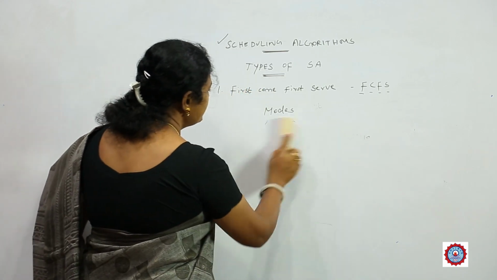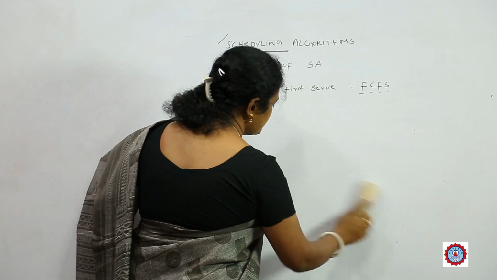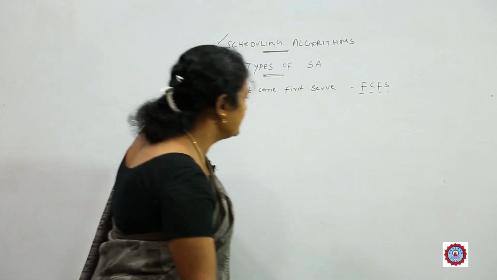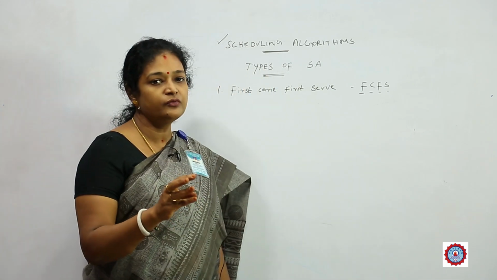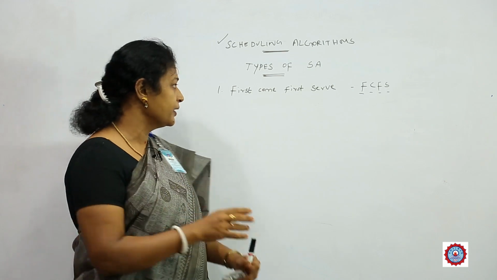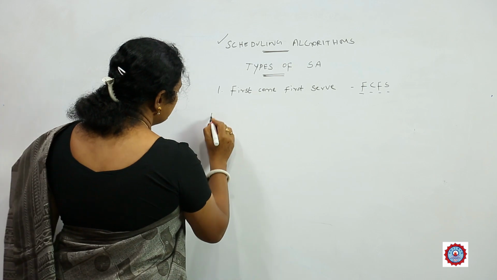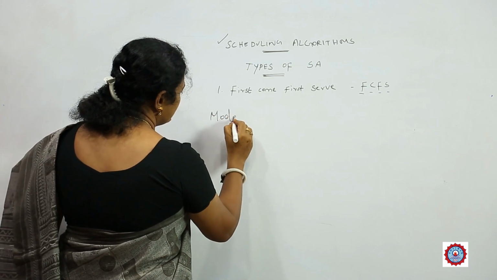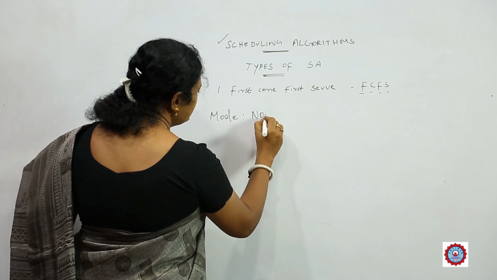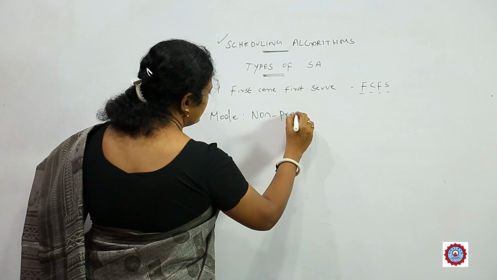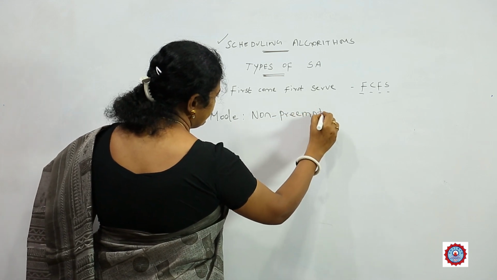So, all these algorithms will be based on these two modes only. Either it will be preemptive or it will be non-preemptive. So, coming to first come first serve, the mode will be non-preemptive.